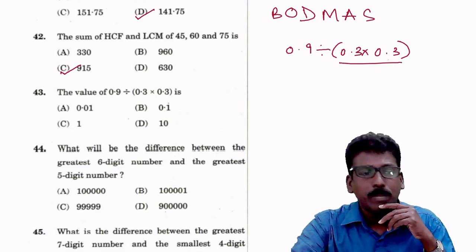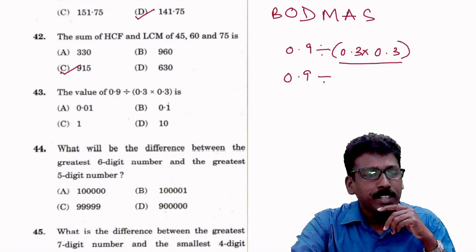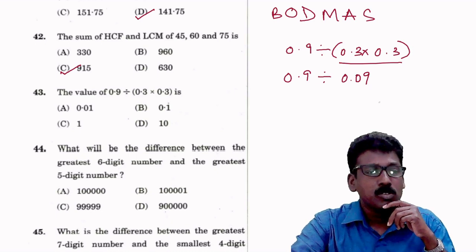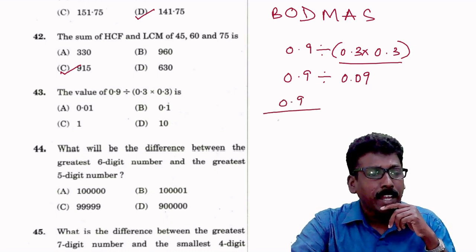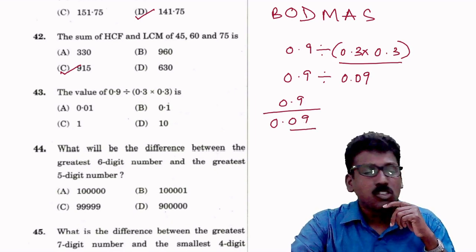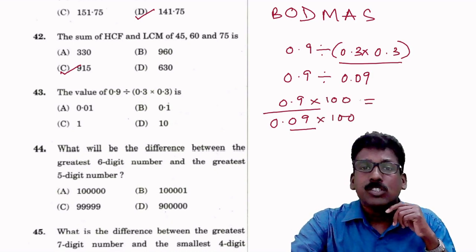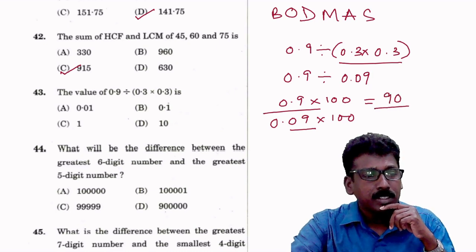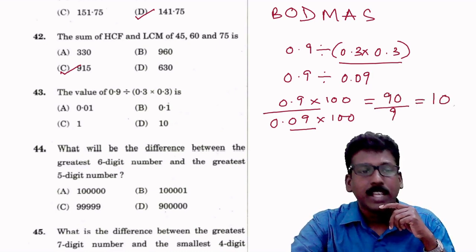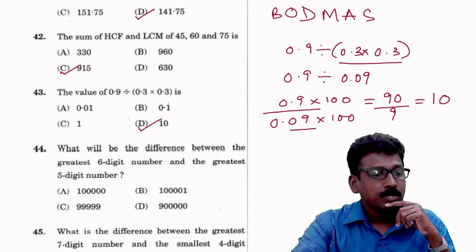So here you have to do the bracket first. 0.3 into 0.3 is 9, and 2 places of decimal, so 0.09. That is 0.9 divided by 0.09. Here 2 places of decimals are there, so you multiply by 100 in both numerator and denominator. 0.9 into 100 you will get 90, and this is 9, so the answer is 10. So D is the correct answer. Next question.